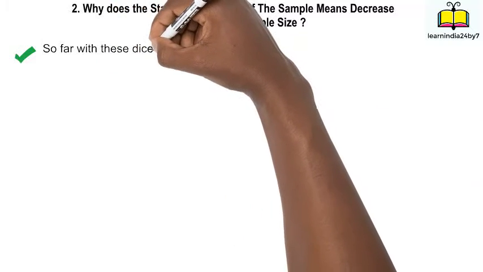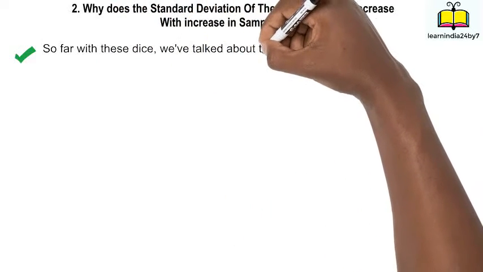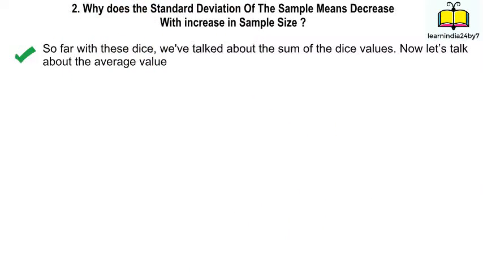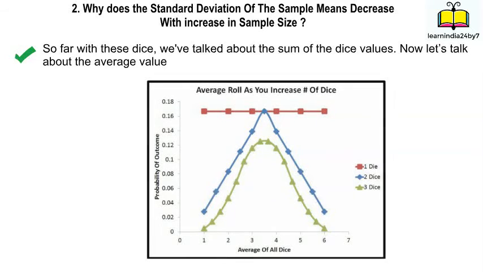So far with these dice, we have talked about the sum of dice values. Now let's talk about the average value. The probability distribution of average value for 1, 2 and 3 dice rolls is as shown below.